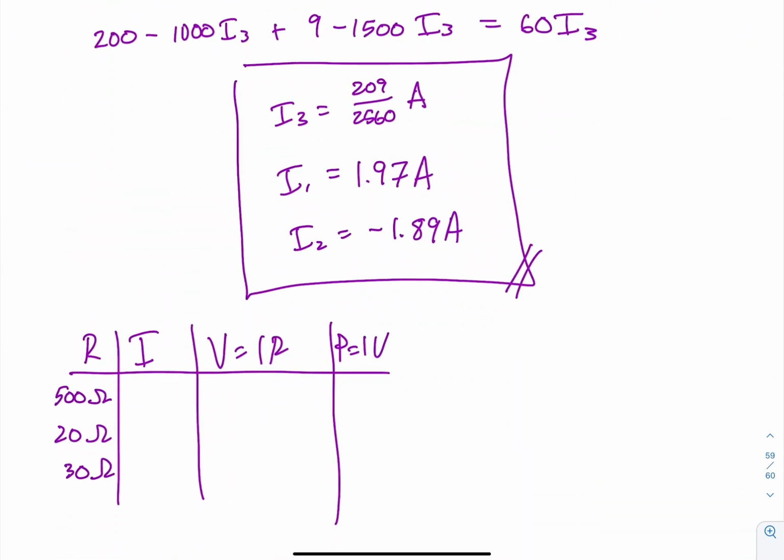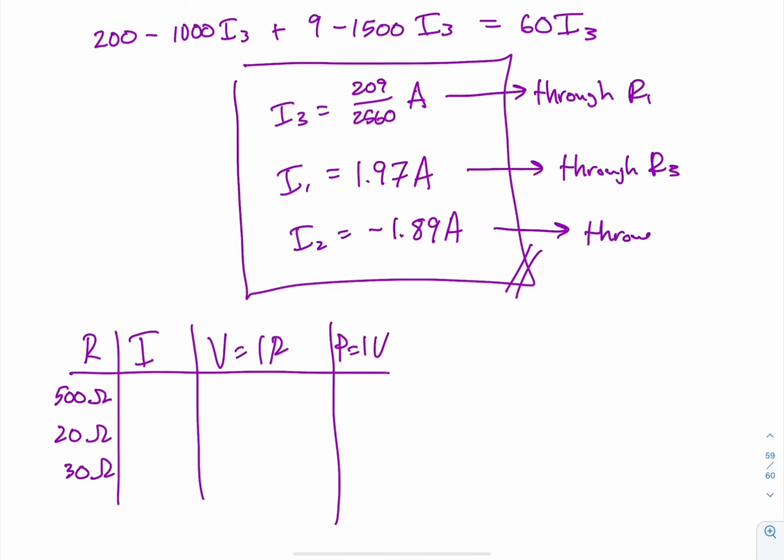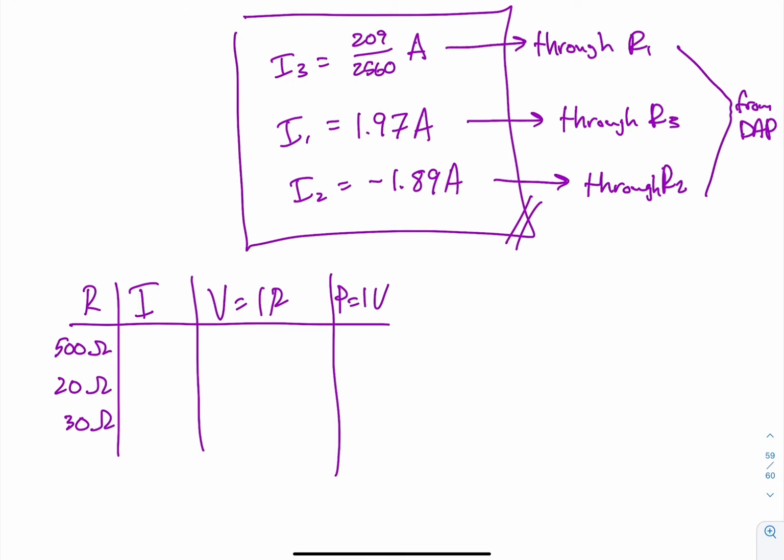We could note that from our picture. And so I3 goes through R1. That means I3 is 209 over 2560 amp. This is negative 1.89 amp. And this is 1.97 amp.